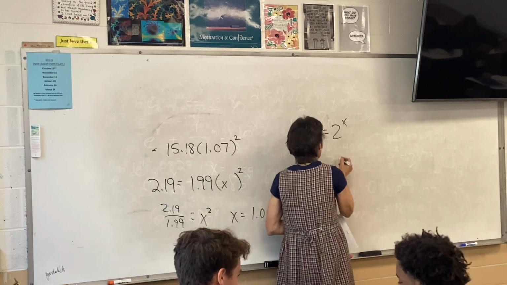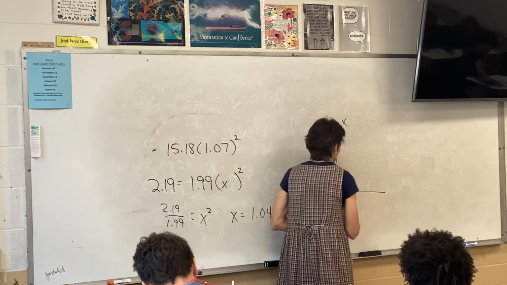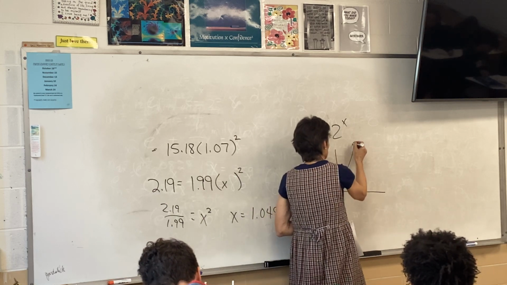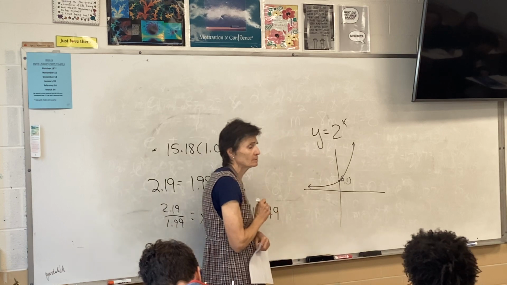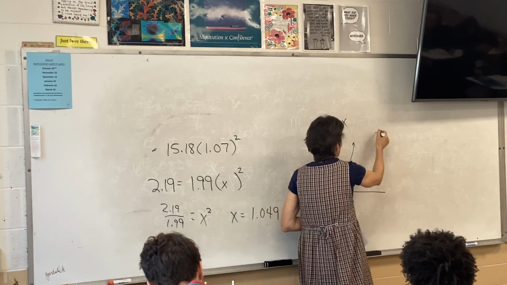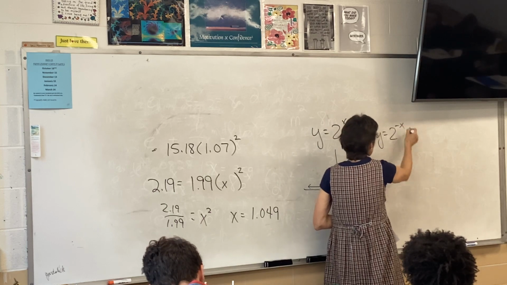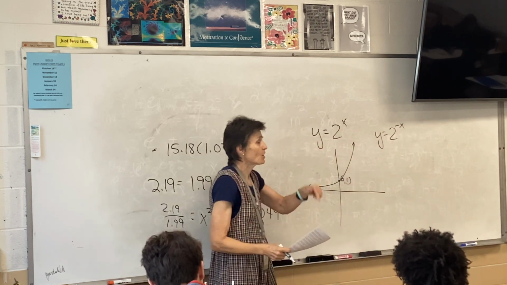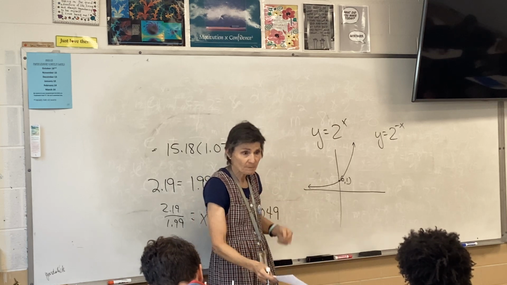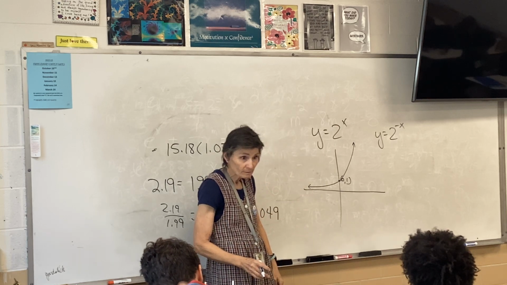What does 2 to the x look like? It's an exponential. Doesn't it look like that? So what does 2 to the negative x look like? Well, there's lots of ways to think about it, but you should know that changing the sign on x flips it which way?